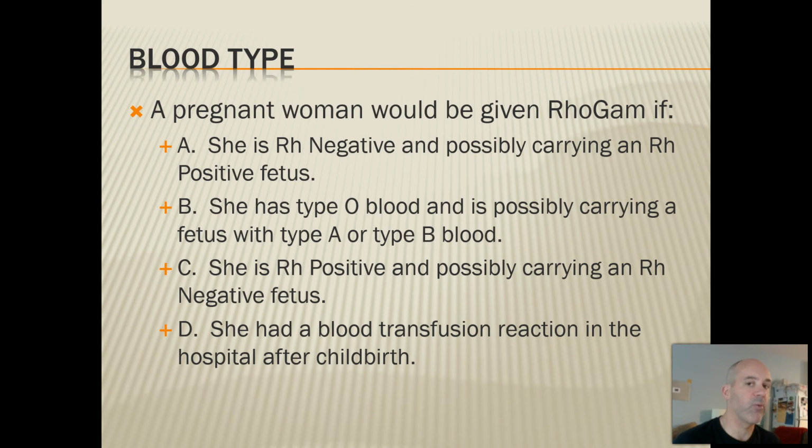If she wasn't given RhoGAM during the first pregnancy, she may have generated antibodies of her own against the Rh positive fetus's blood cells. Those antibodies can go into the fetus the next time and wind up harming or killing the fetus. So RhoGAM is a protective type of medication that's given to prevent that.